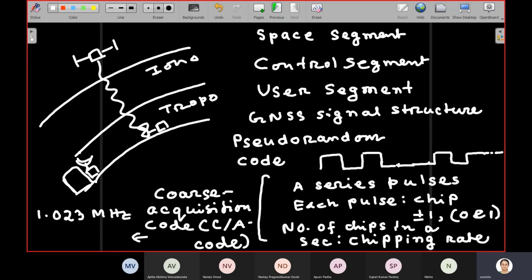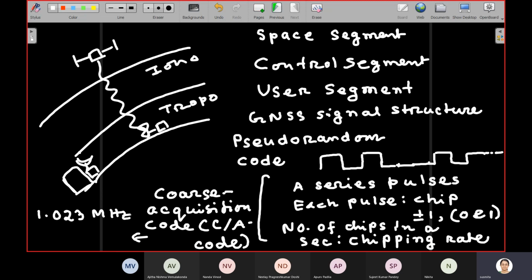Now it is called pseudo-random. So why pseudo-random? Because if you see the code over a short period of time, you will see a series of zeros and ones, and the series will appear to you as random. But actually, the codes, the series of zeros and ones, are determined based on some algorithm.